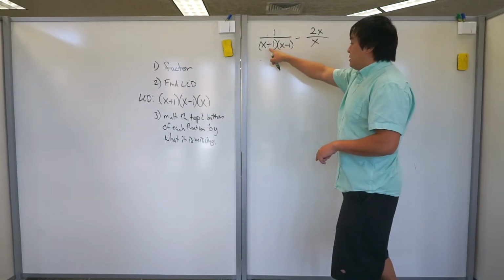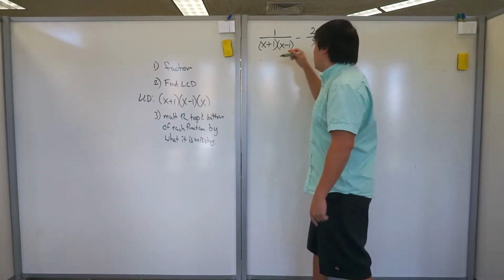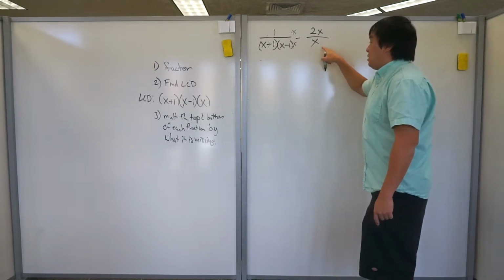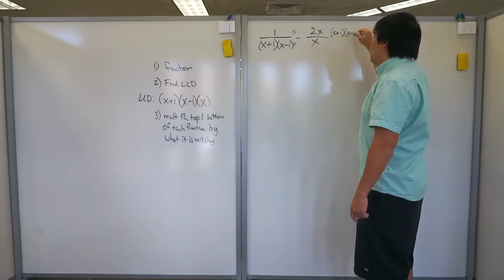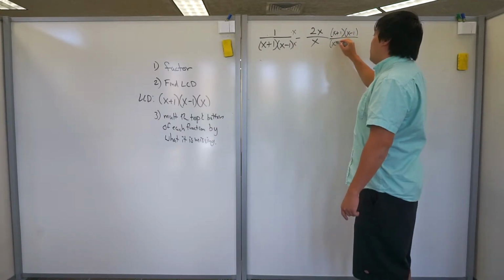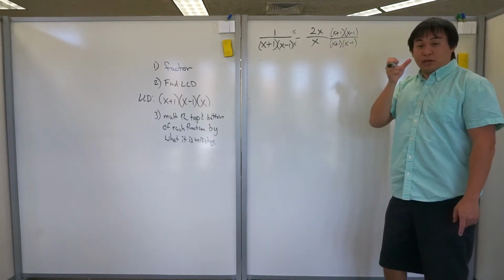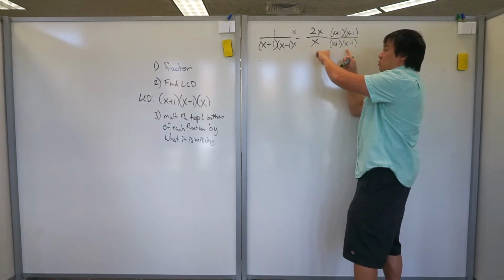So here, this x plus 1, x minus 1 is missing that x. So I need to multiply the top and the bottom by x. This one is missing x plus 1, x minus 1. The bottom is x plus 1, x minus 1. So we're multiplying each of these fractions by 1. And when we multiply fractions, they multiply straight across.